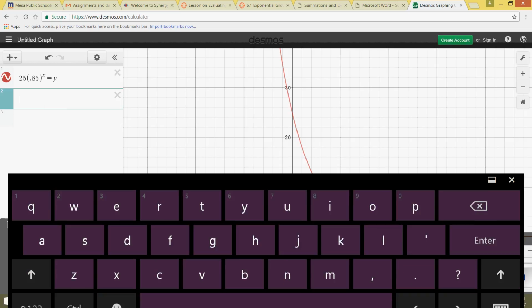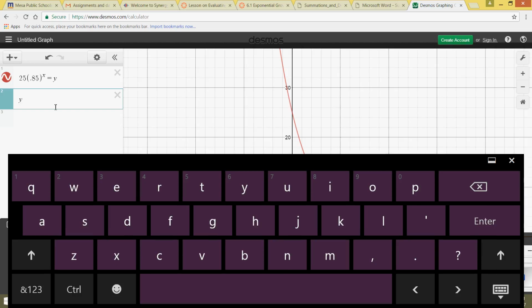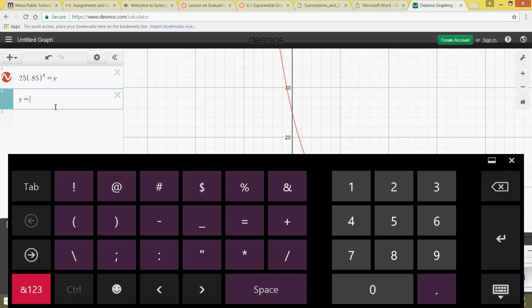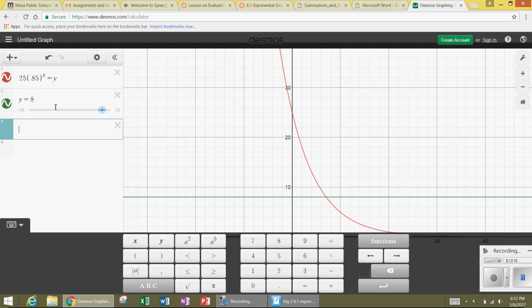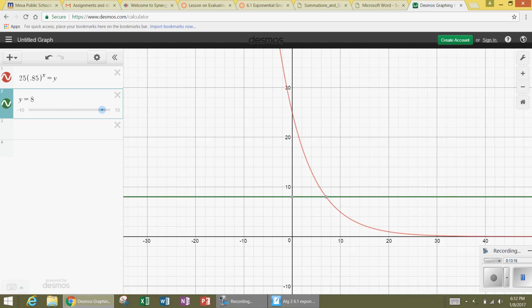I'm not sure why it's not working. Let's try this again. y equals 8, and enter. There it is. There's our function right down here at the bottom. So we want to estimate when that is going to be. If we touch those two graphs, at year 7.001, the car will be worth 8,000 instead of 25,000.